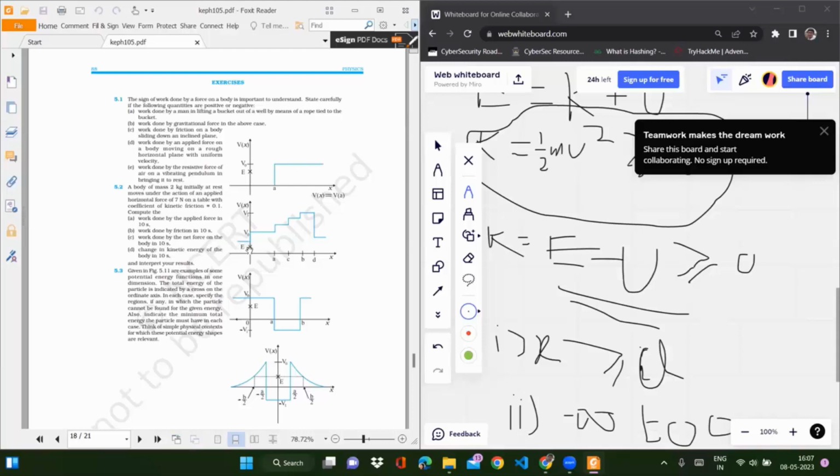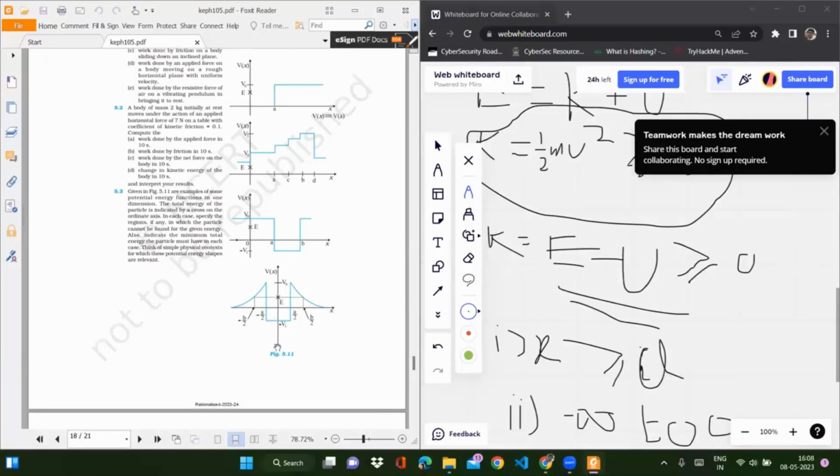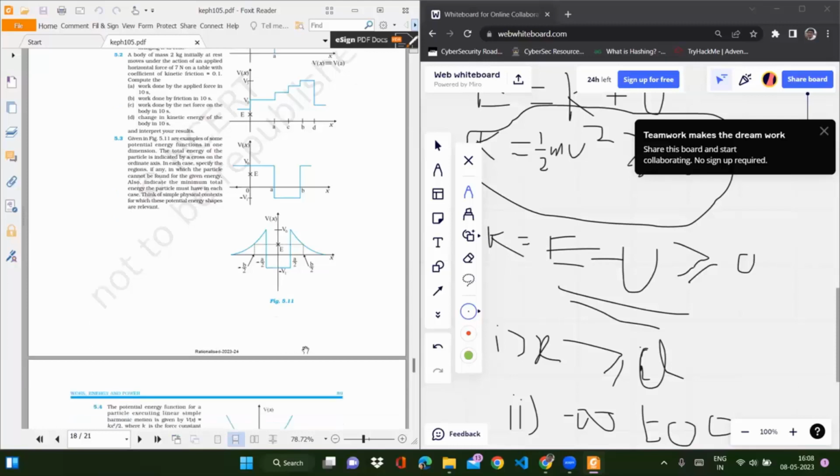So this will be the least energy in this case. In the third case, the particle must have at least minus V1 amount of energy, because for existence it must be greater than or equal to the potential energy, and the least potential energy is minus V1. So the least total energy it can have is minus V1. And in the fourth case, the least it can have is the same as in this case, the least potential energy minus V1. So in this case also it must have at least minus V1 amount of energy.